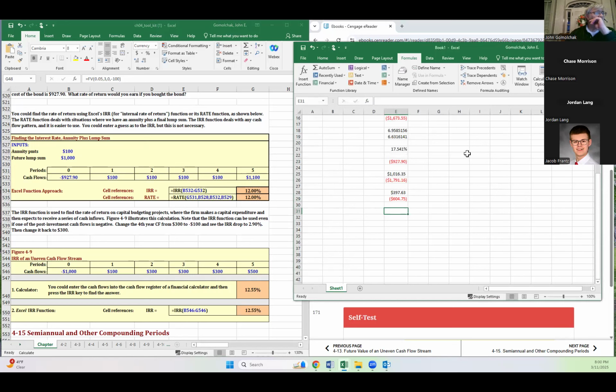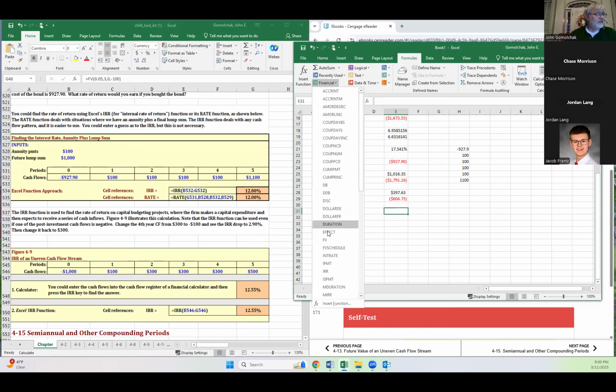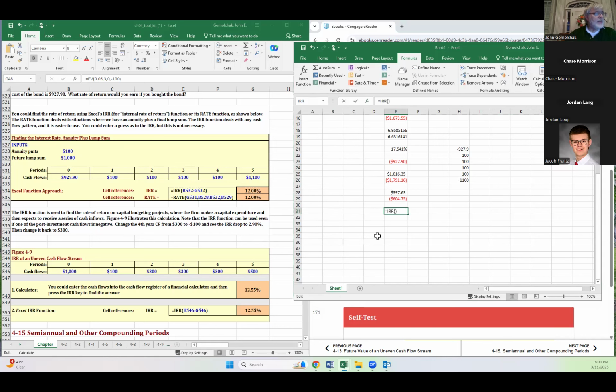So I need to have the amounts here. Negative 927.90, 100, 100, 100, 100, and 1100. All right. Let's try that again. So I have to have it on a chart like that.